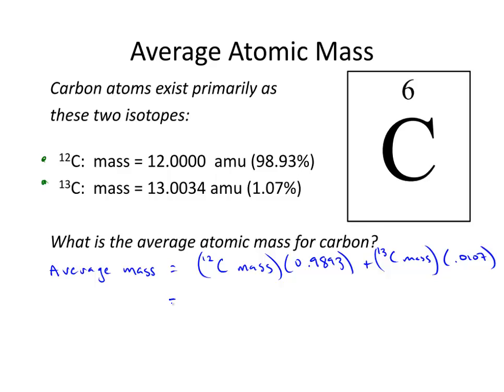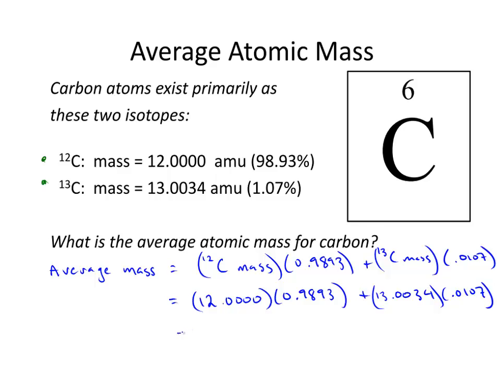So we would say this is going to be 12.0000 times 0.9893 plus 13.0034 times 0.0107.